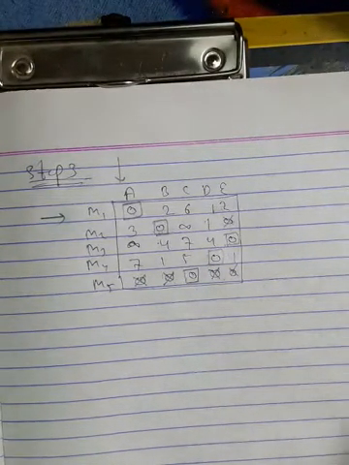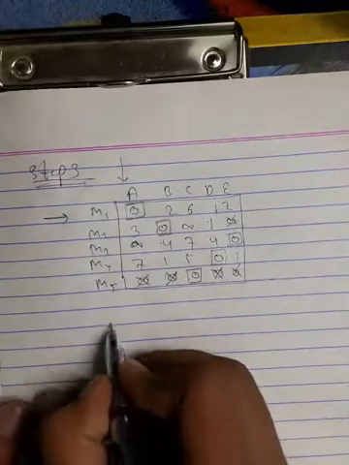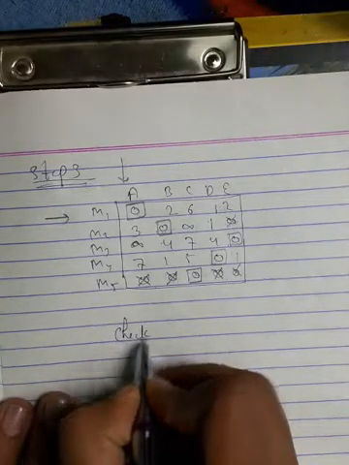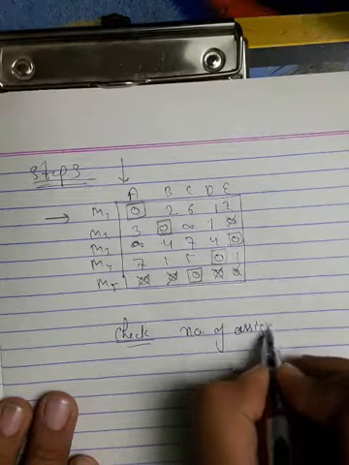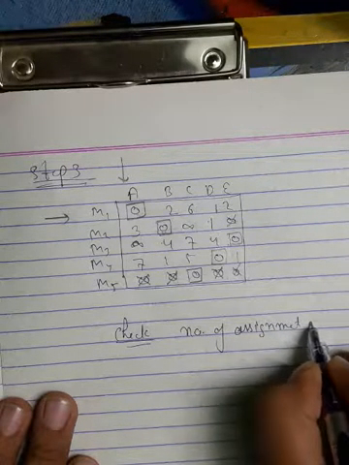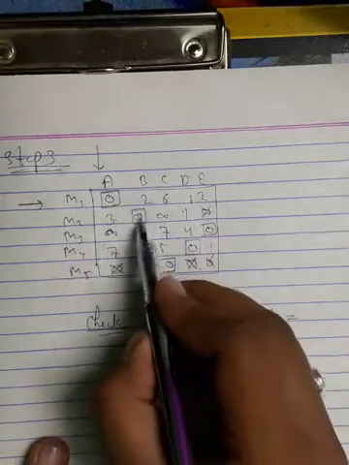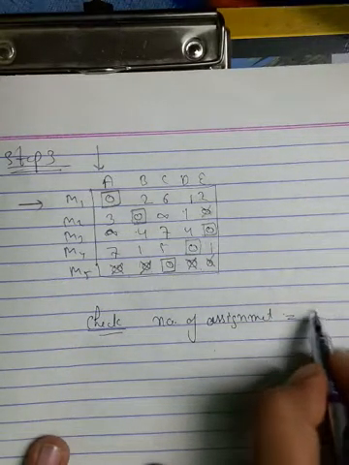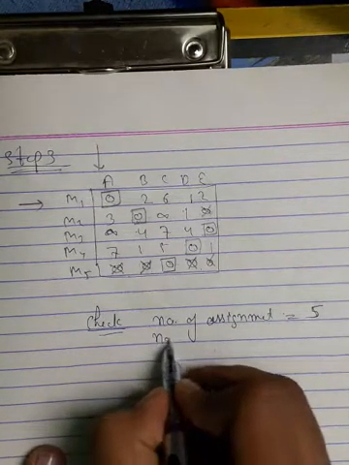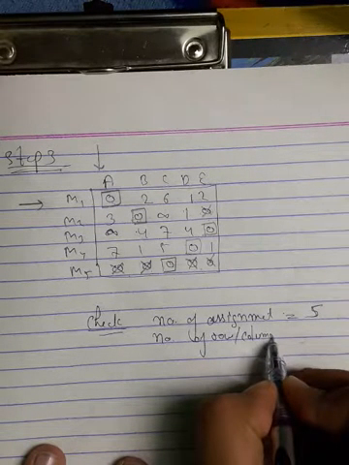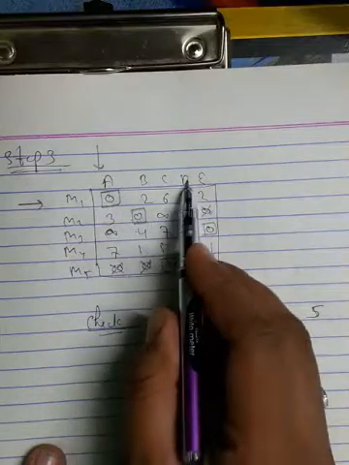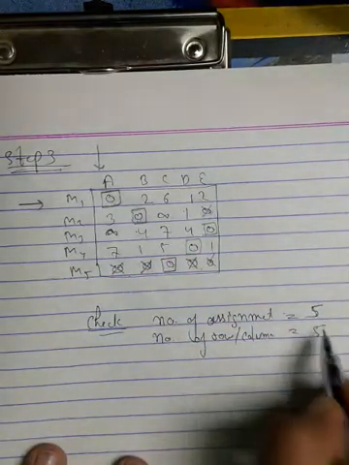Now check the number of assignments. The number of assignments is 1, 2, 3, 4, 5, so 5. Now the number of rows or columns is also 1, 2, 3, 4, 5, so it is 5.